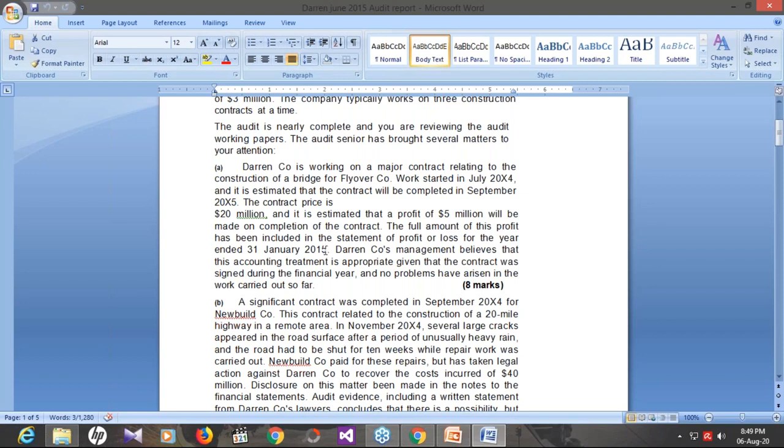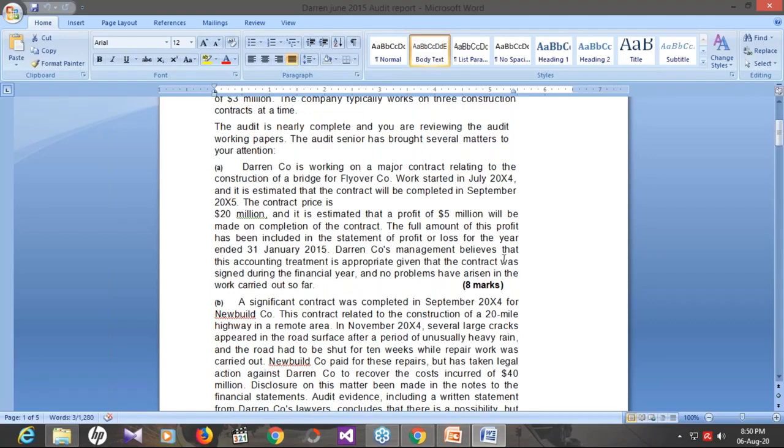Darren Co's management believes that this accounting treatment is appropriate. So they have recorded 5 million profit for this year, whereas the project is deemed to be completed in September 20x5, which is basically the next coming year. So they haven't deferred that, and they have recorded full revenue and full profit for this year.